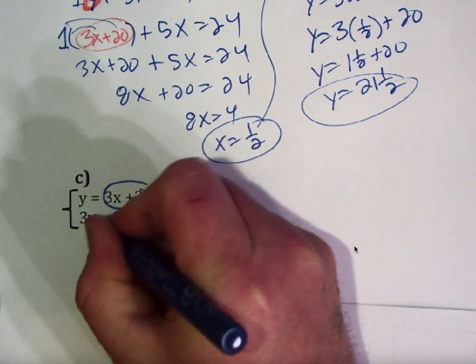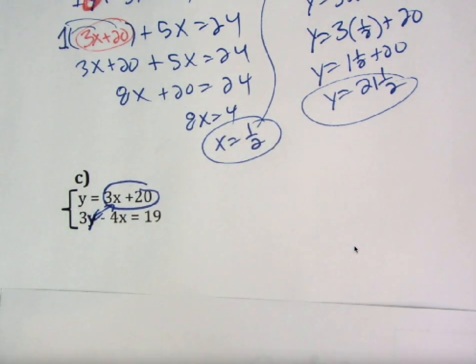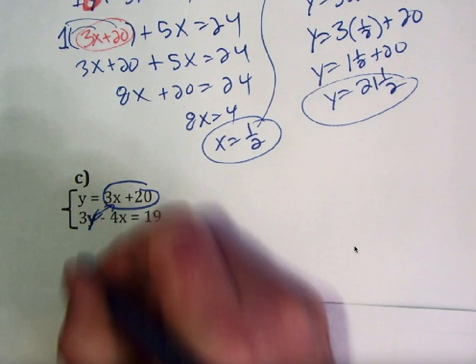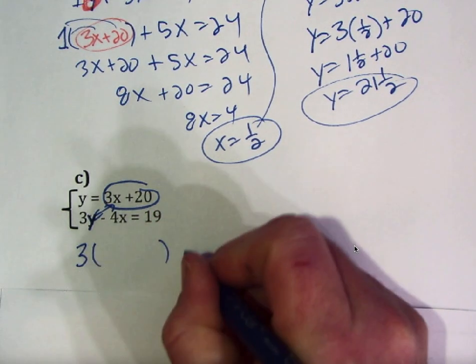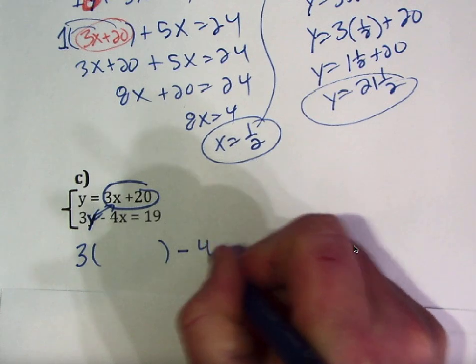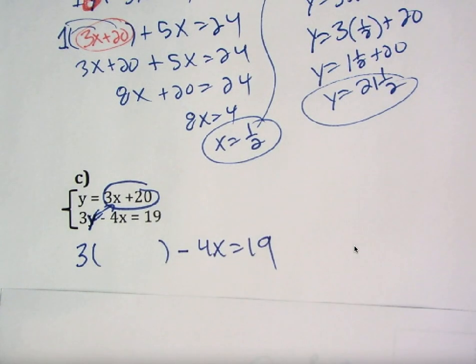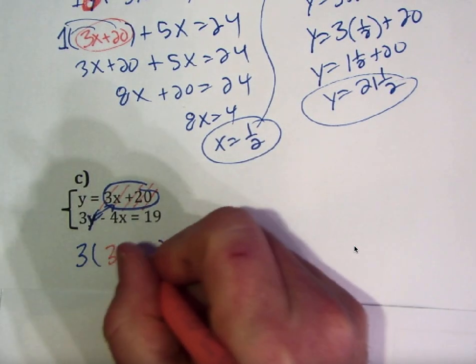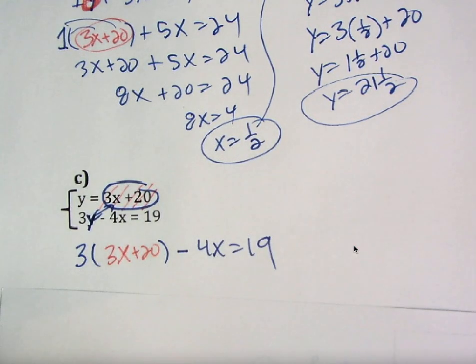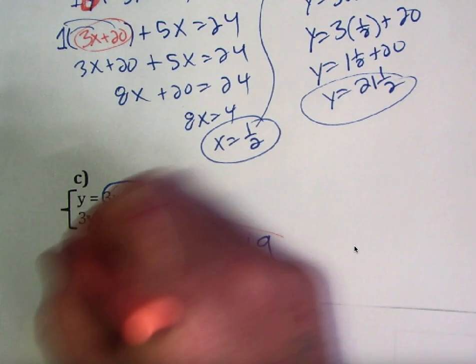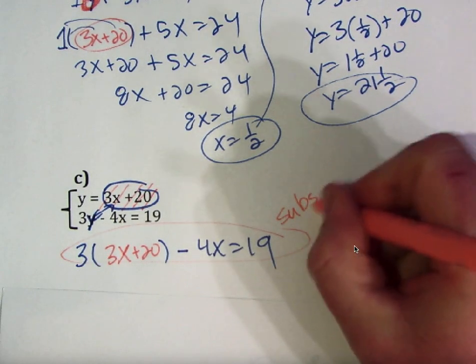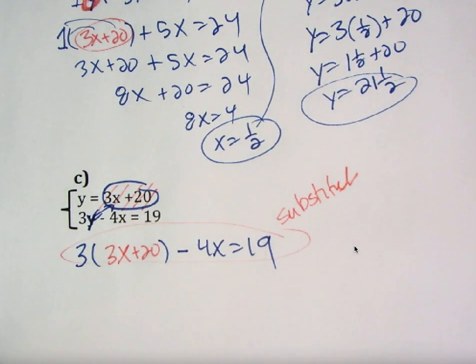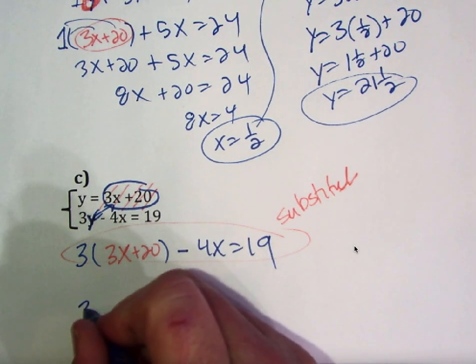I see that that y is here, so these can get substituted in for. So 3 parentheses y minus 4x equals 19. I'm going to replace y with what y equals, which is 3x plus 20. Substitution. Okay. Now that's, again, the only new thing. Everything else, you already know what you're doing.